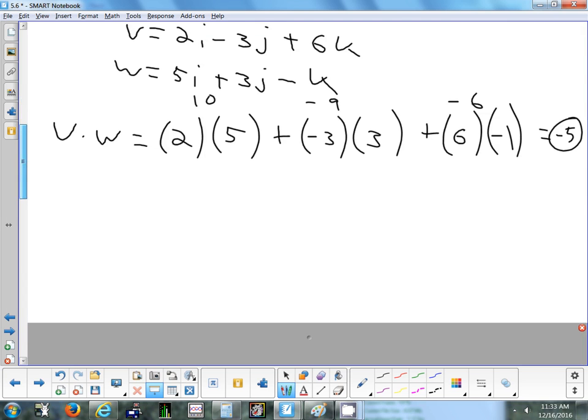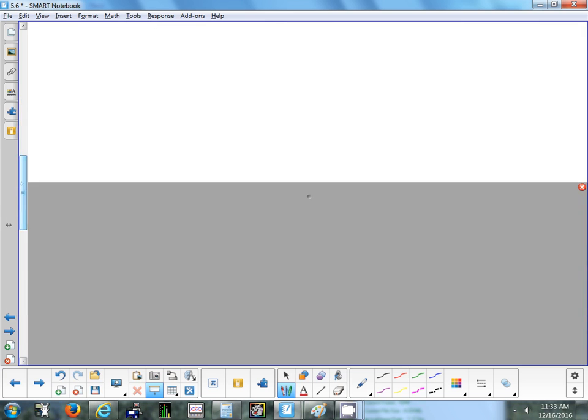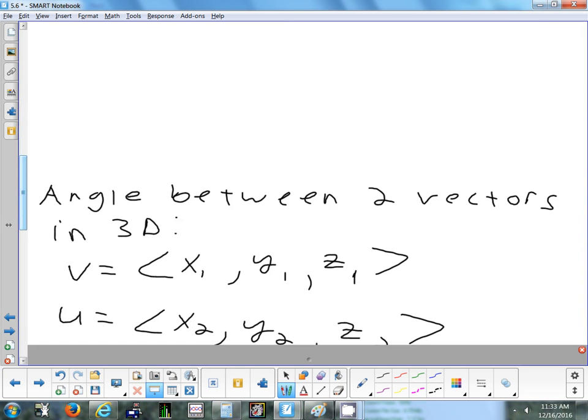Now, yesterday we didn't just find the dot product. You got the dot product and then we used it to do what? What did we use the dot product for? Yeah, to find the angle. So we can find the angle between two vectors in 3D exactly the way we did it in 2D.